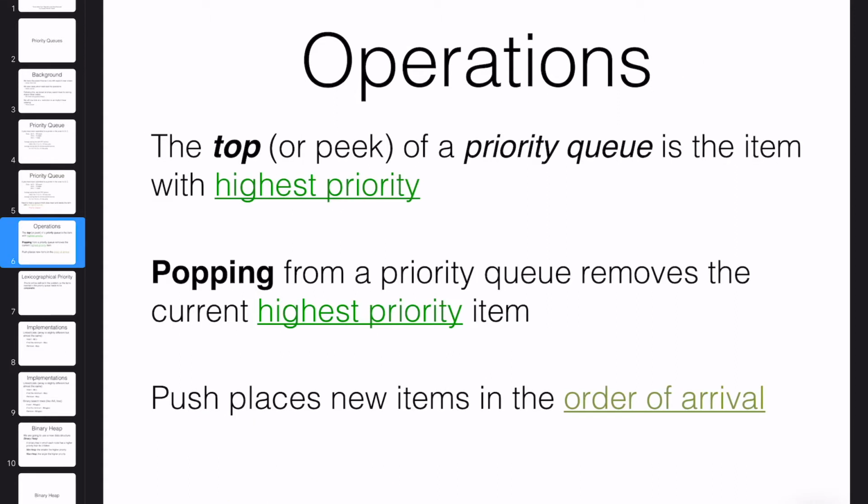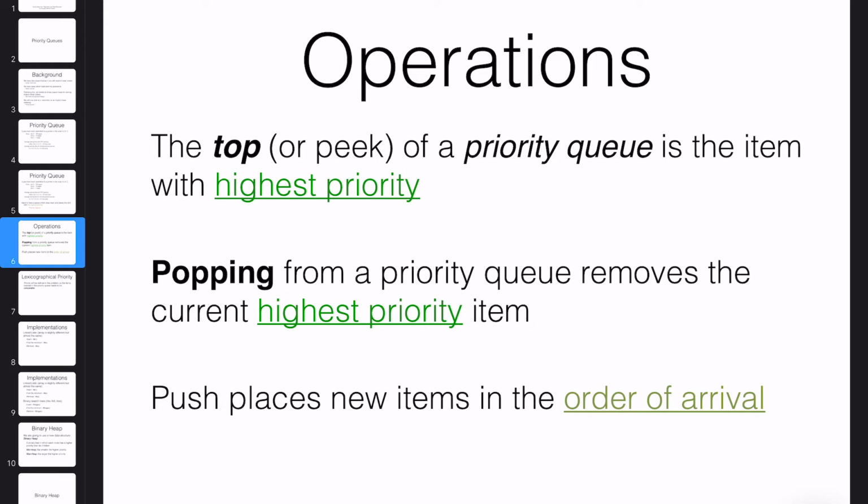So what are the operations that we have for our priority queue? The operations are very similar, with the same names as the operations that we defined for the regular queue.